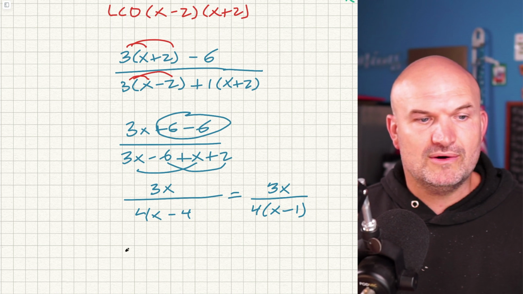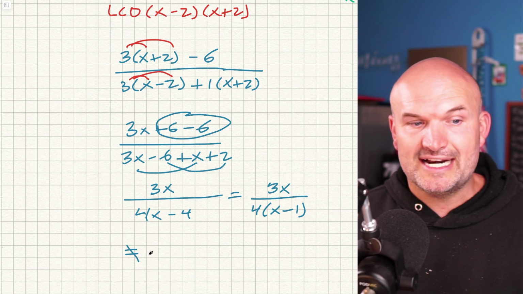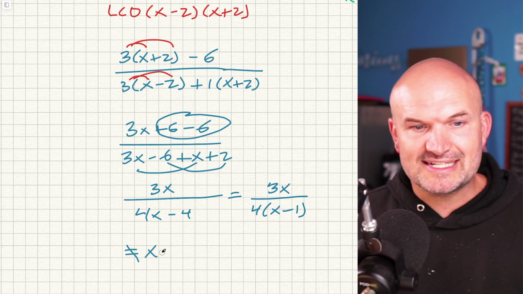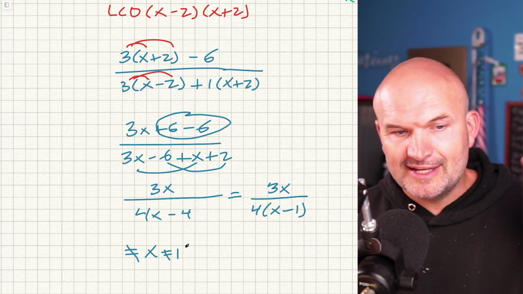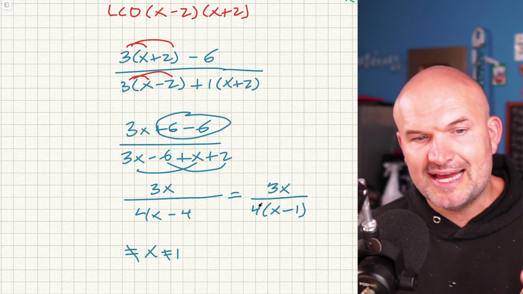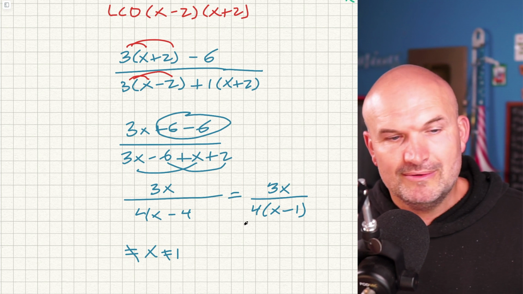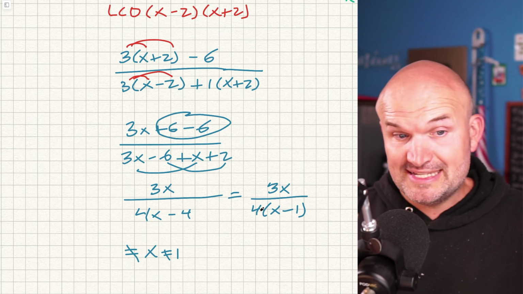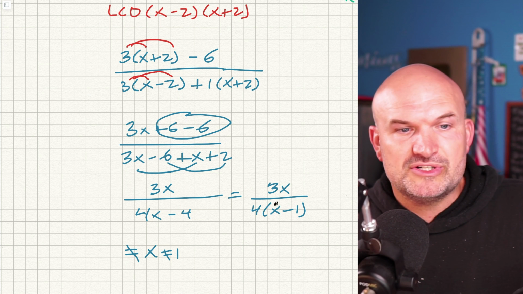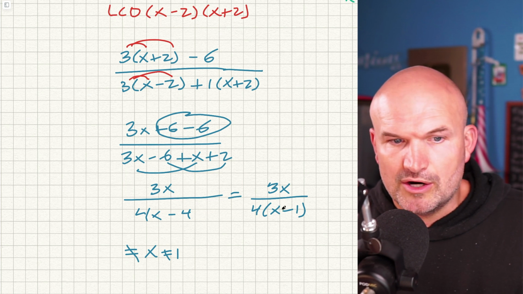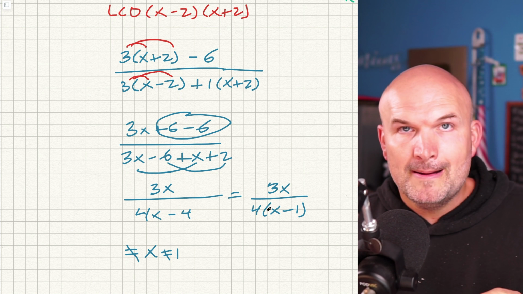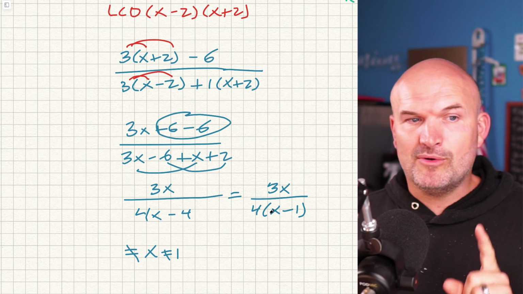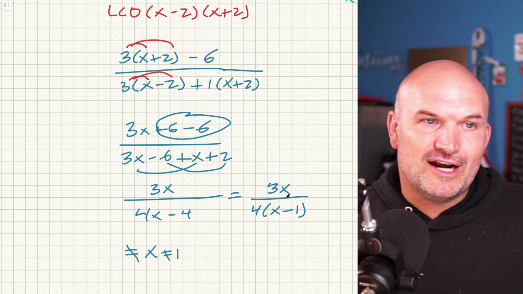The important thing here, though, is I do want to tackle what x cannot equal. We recognize x cannot equal 1. A common thing sometimes they'll put like x equals 4 as a restriction. No, 4 does not make the denominator 0. It's in the denominator, but it does not make the denominator 0. The only value that makes the denominator 0 is the number 1. But again, this is important. We cannot forget our original problem.